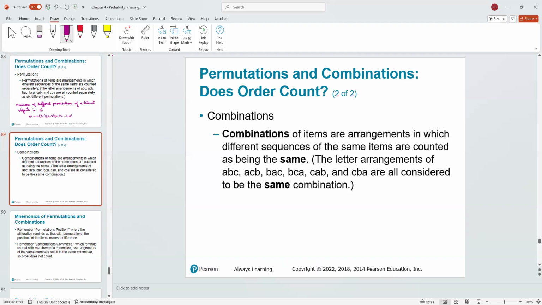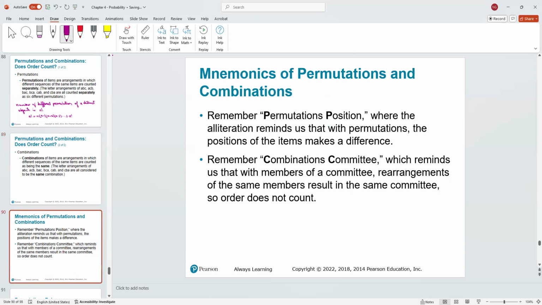So the letter arrangements of A, B, C, A, C, B, B, A, C, B, C, A, C, A, B, and C, B, A are all considered to be exactly the same. So there are no such permutations. You can only say you have three of them. However, for the previous one, you said you have six different ones.